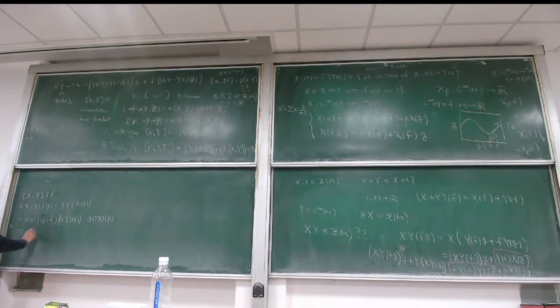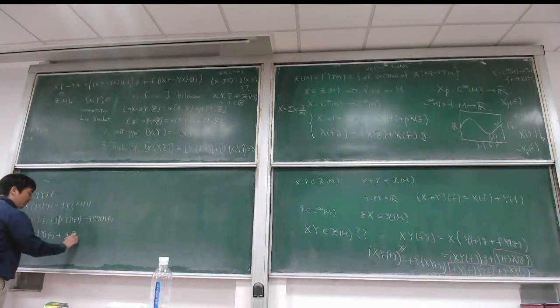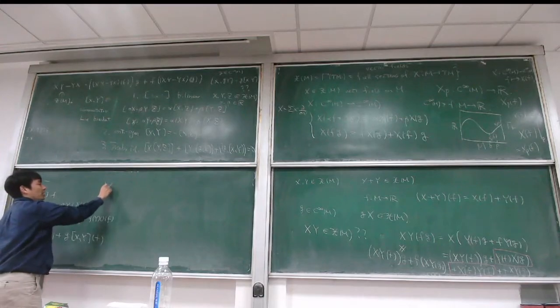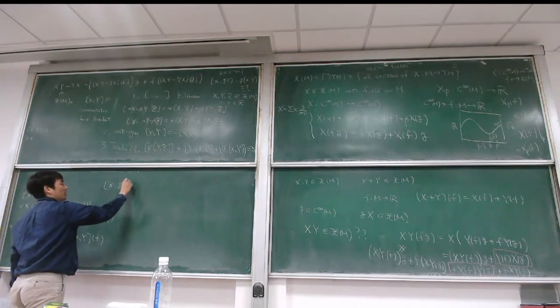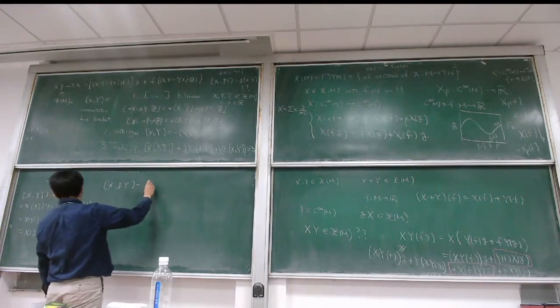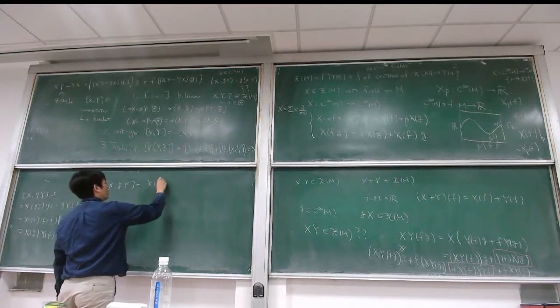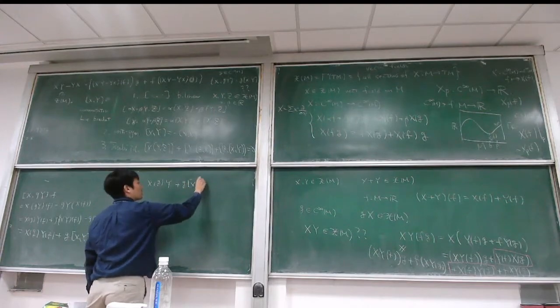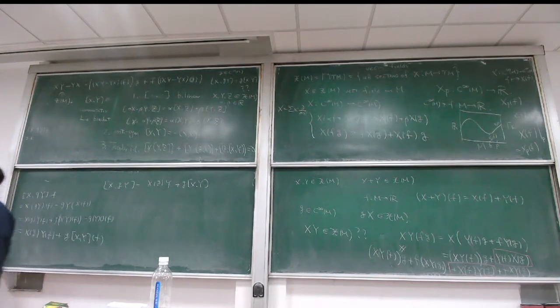So this means y of f plus g times x, y, f. So forget about f, which means x times g, y is equal to x, g, y plus g times x, y. That's what she shows.